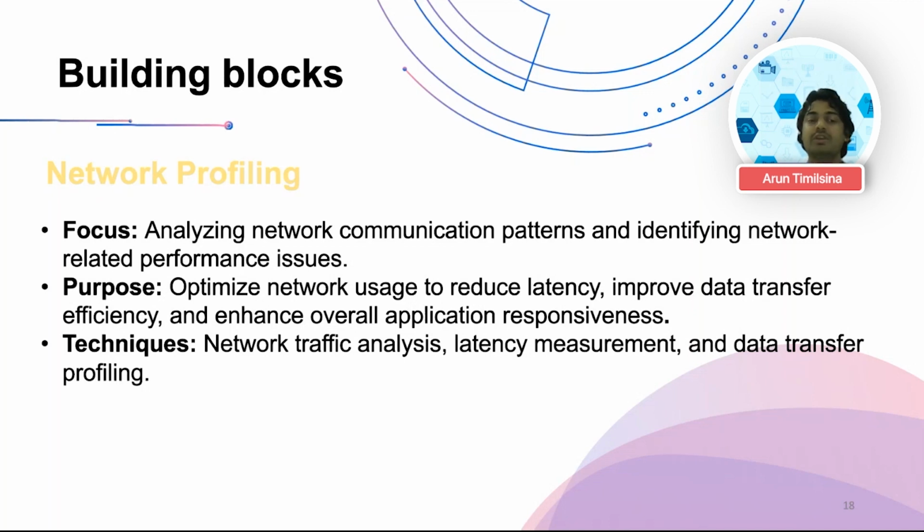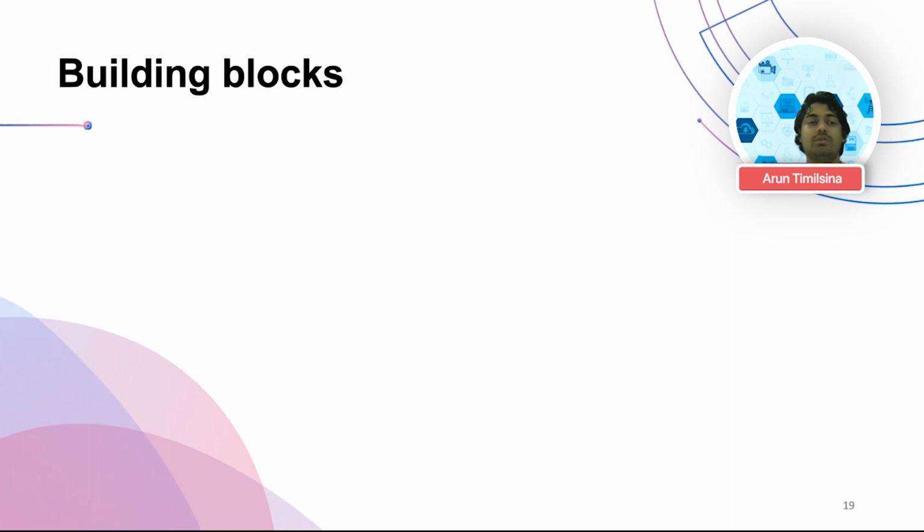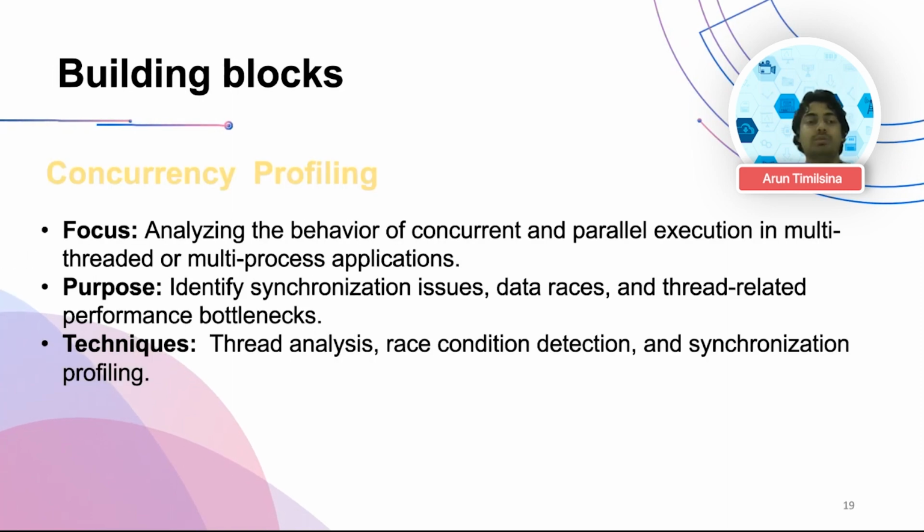The purpose of this profiling is to optimize network usage, reduce latency, and improve data transfer. For this we can use IO profiling, instrumentation profiling, and sampling as well, because we'll know what IO calls and what database calls were made for that particular code.